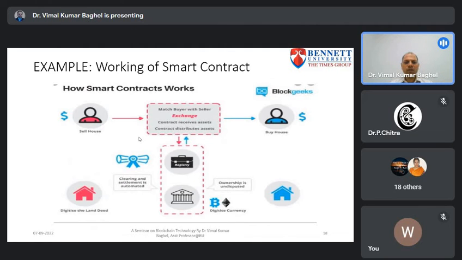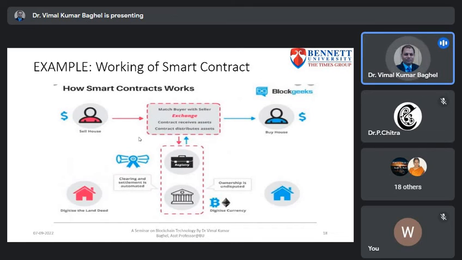All right, so this can be a simple example of the smart contract working. We have a real estate kind of business. Somebody is selling a house, and somebody is interested in purchasing that house.